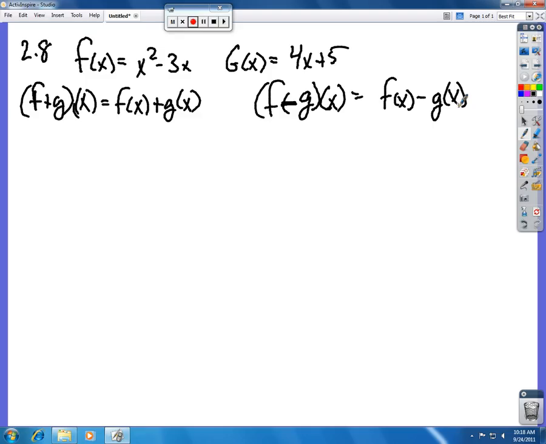Now, we need to do the legwork for f of x and for g of x, but we've actually already got that. We've got it right here and right here for both of these questions. So what you're actually going to do is just go ahead and plug them in and subtract or add them. So technically we don't need this yet.